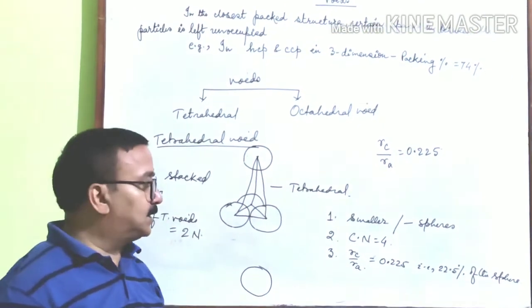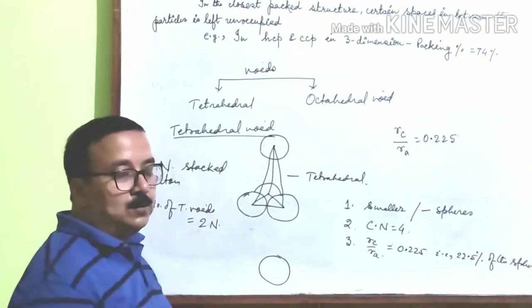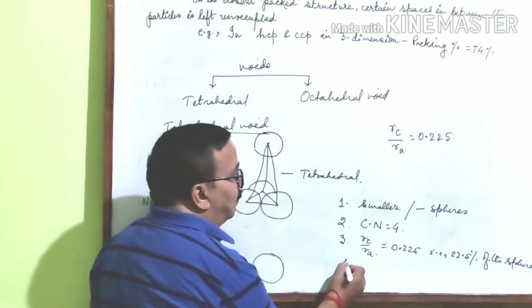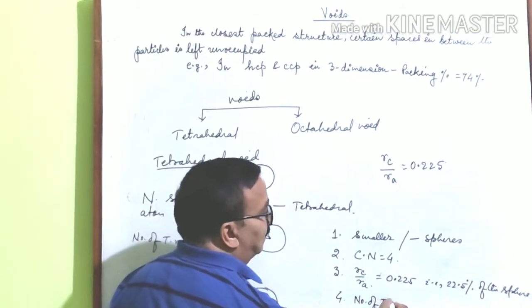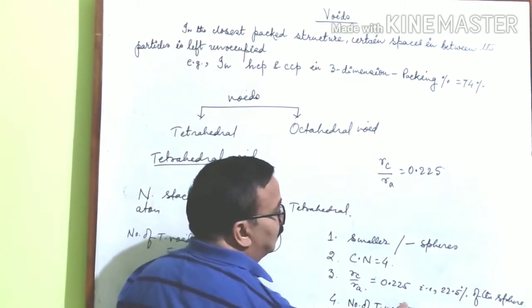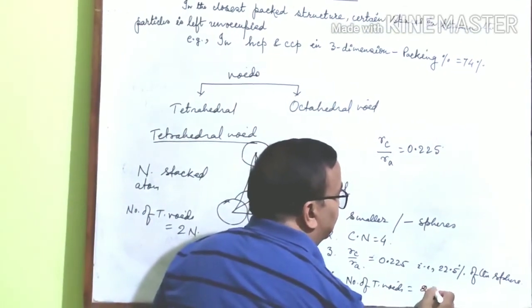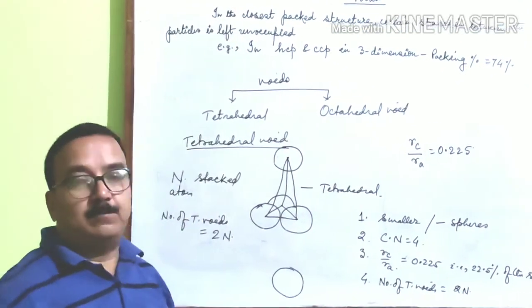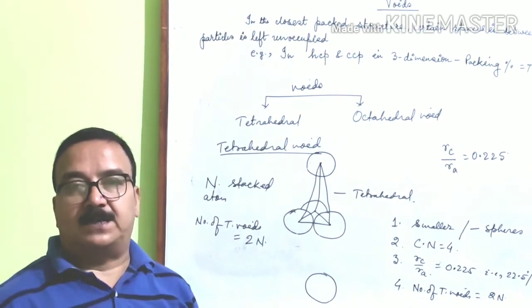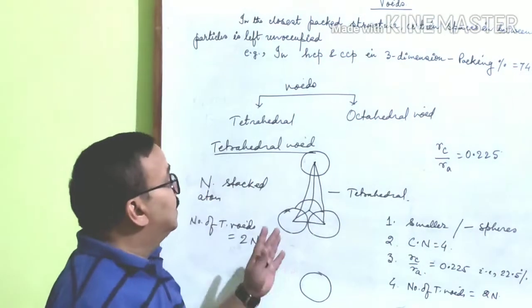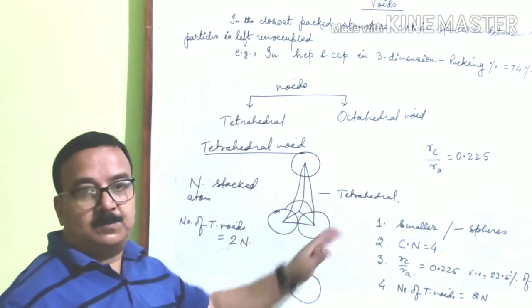8% of the sphere. And number 4, the number of tetrahedral voids, it is equal to 2n, where n is the number of spheres in the closest packed packing in case of tetrahedral geometry.